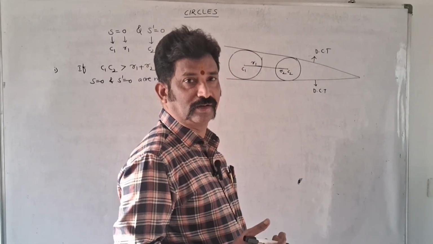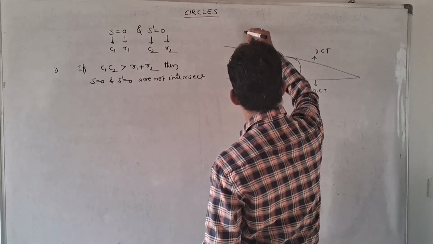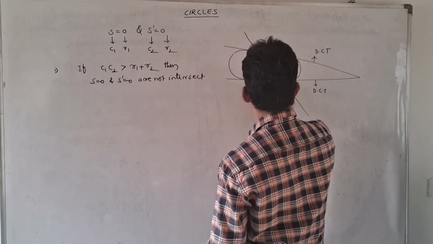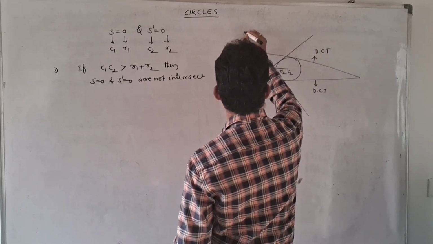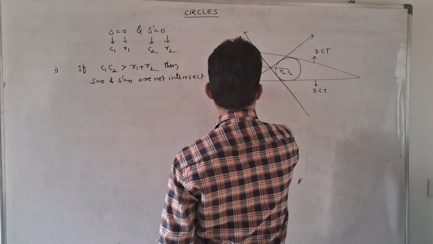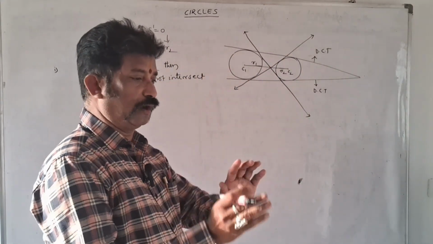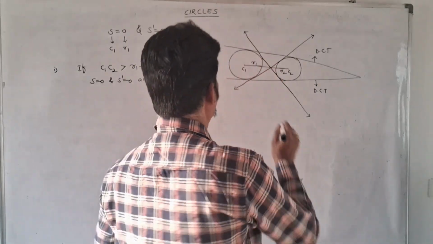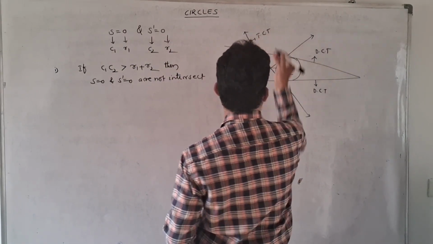Now, if two circles are like this, and they lie on opposite sides of the line L equals 0, then that line is called a transverse common tangent.